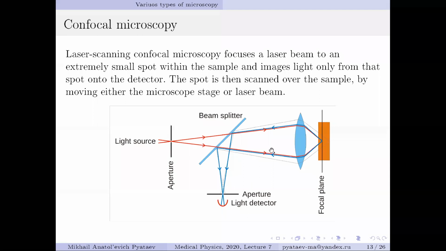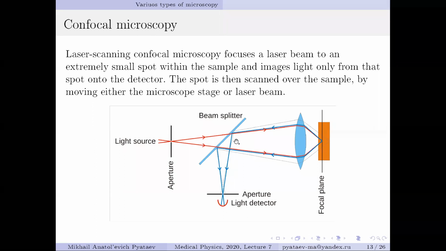This technique allows us to obtain a three-dimensional model of the object, because it allows us to get signal not only in the focal plane but in the direction perpendicular to the focal plane.